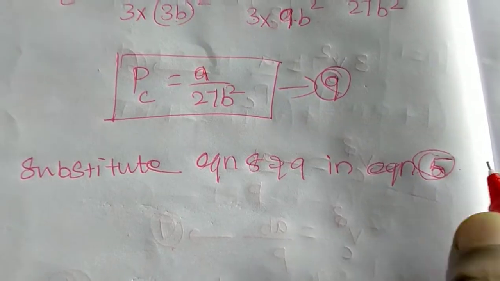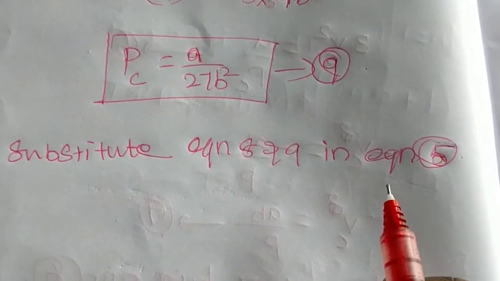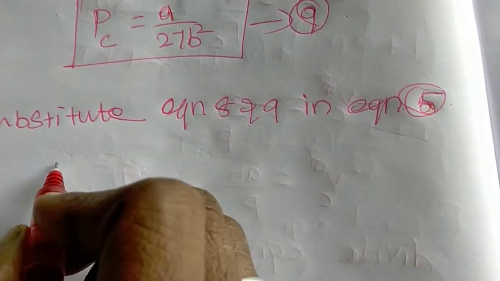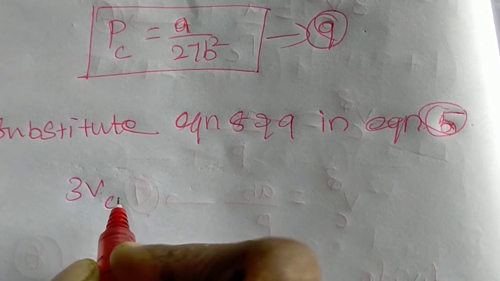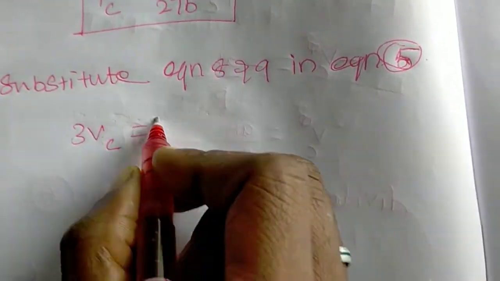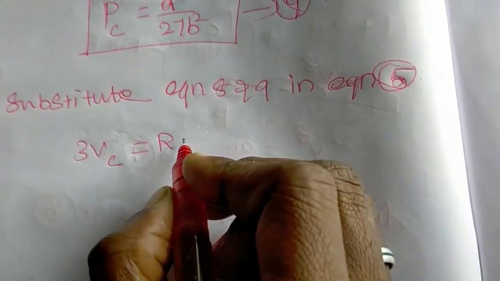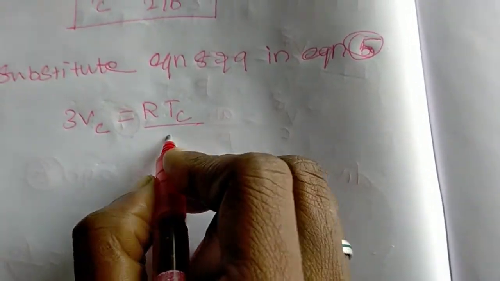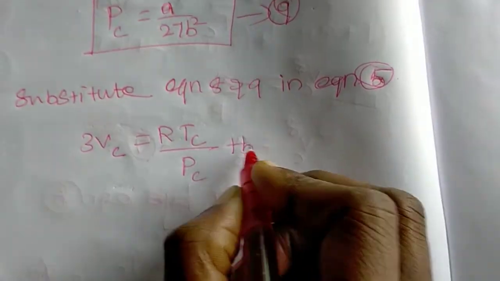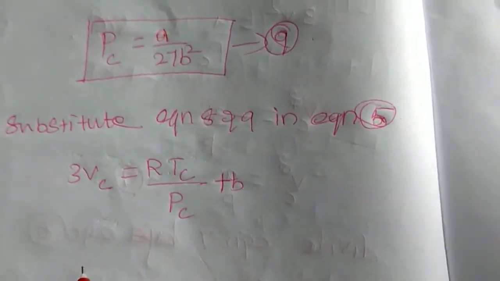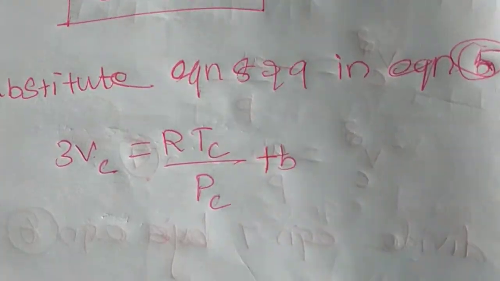So for that you have to write equation 5 first. 3VC equal to RTC divided by PC plus B. Substitute these values in it.